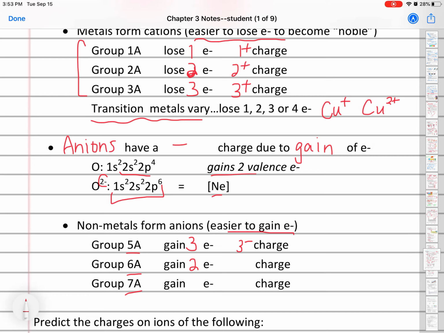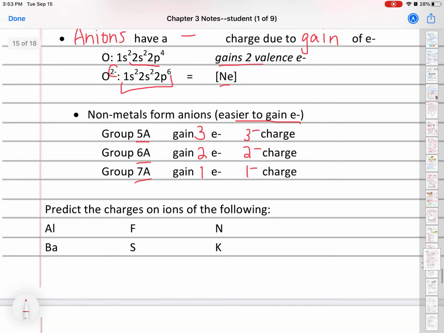Group 6A need 2 more electrons to reach 8, and so they'll have a 2- charge. And then group 7A just need 1 more electron to fill their shell, and they end up with a 1- charge.